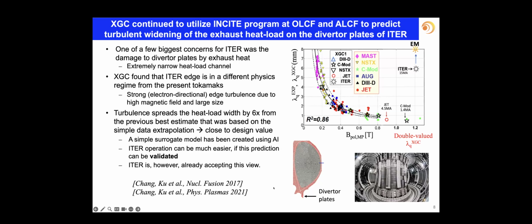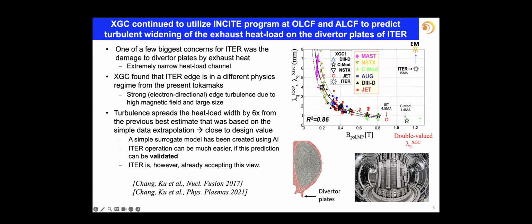So we attacked this problem to see if that happens. We first ran the simulation, and these are the empty shapes, the open shapes. We rediscovered all the experimental scaling, which is about 1 over B_p, all the way to C-Mod here.